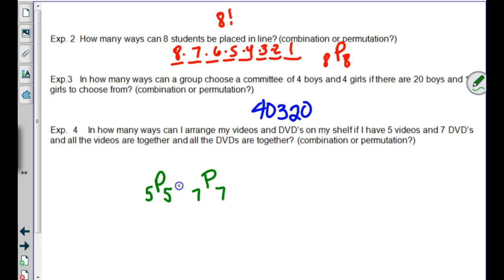And then I have 7 DVDs, and how many different ways can I put them in order? And then because I don't know which one comes first, I think I multiply these. I'm confusing myself. So what's 5p5, guys?